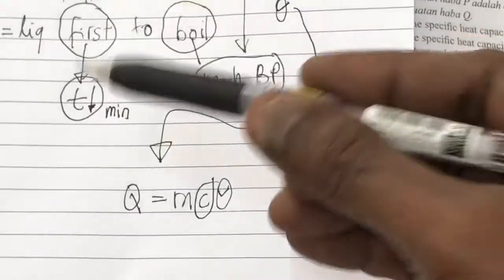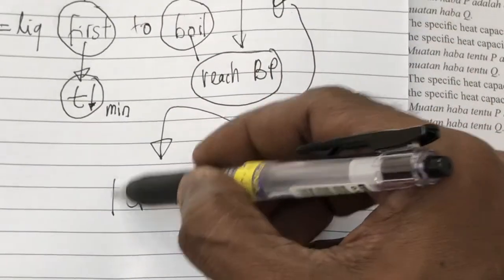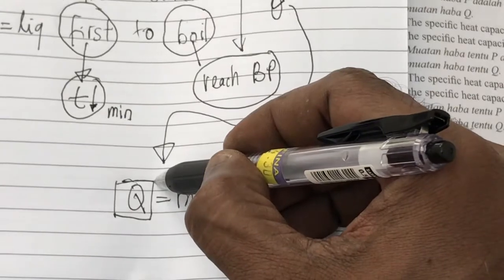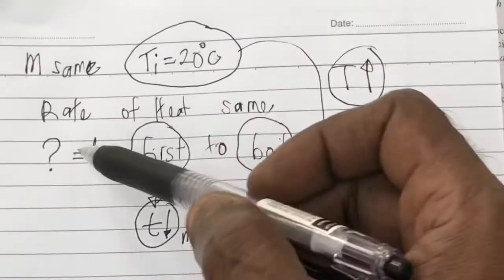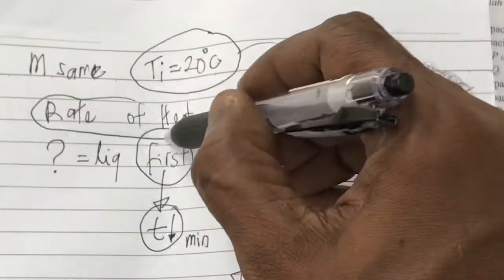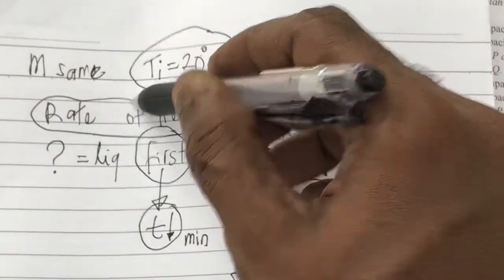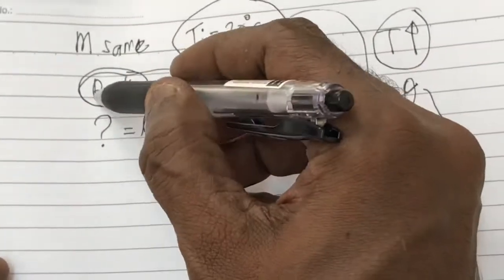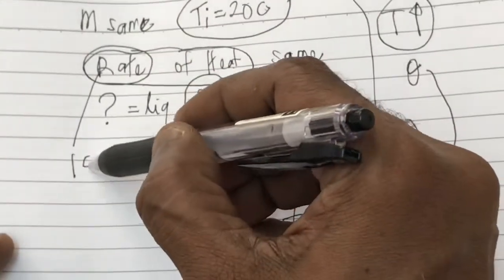Now here, we are given the total heat. But the question has given us that the rate of heat is the same. Now the word rate means anything that occurs in 1 second, per unit time.